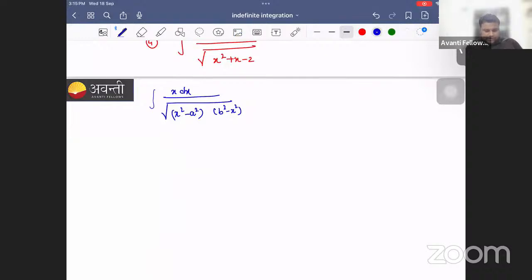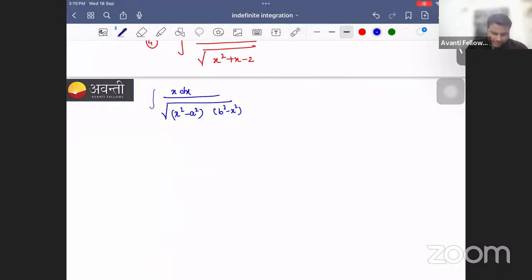It's very much clear that the derivative of x square is there in the numerator, isn't it? In the denominator there is x square and its derivative is there in the numerator, x.